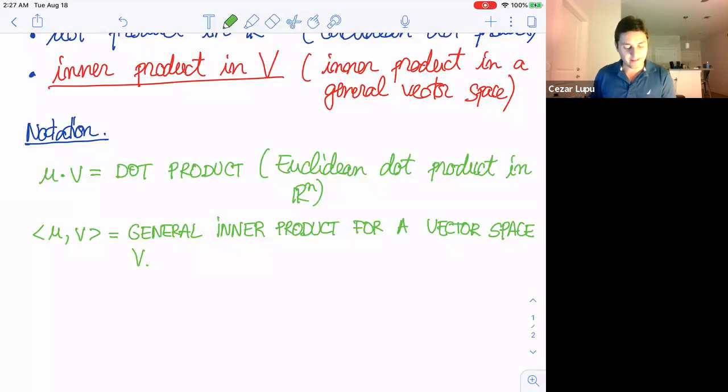We'll see that, in fact, this will be true. Well, just like I said, a general inner product is defined in the same way as the general space is defined, right?